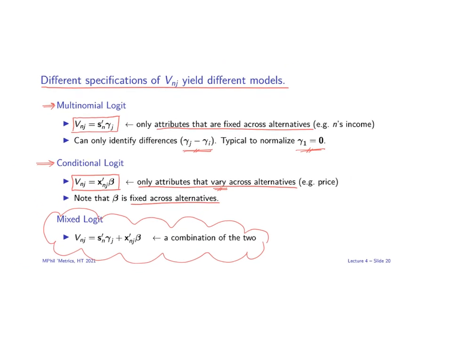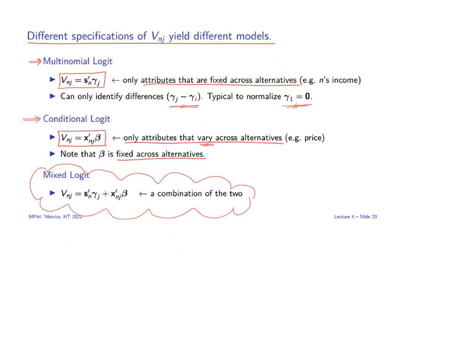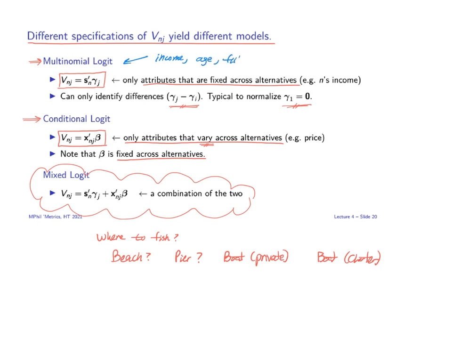To help us understand the difference between the multinomial and conditional logit specifications, we'll consider a simple example. Suppose that Alice wants to go fishing this weekend. She can choose to fish at the beach, from a pier, on a private boat, or on a charter boat. In this fishing example, a multinomial logit model could allow Alice's choice of where to go fishing to depend on her income, her age, and her level of fishing experience, because these do not vary depending on where she goes to fish.